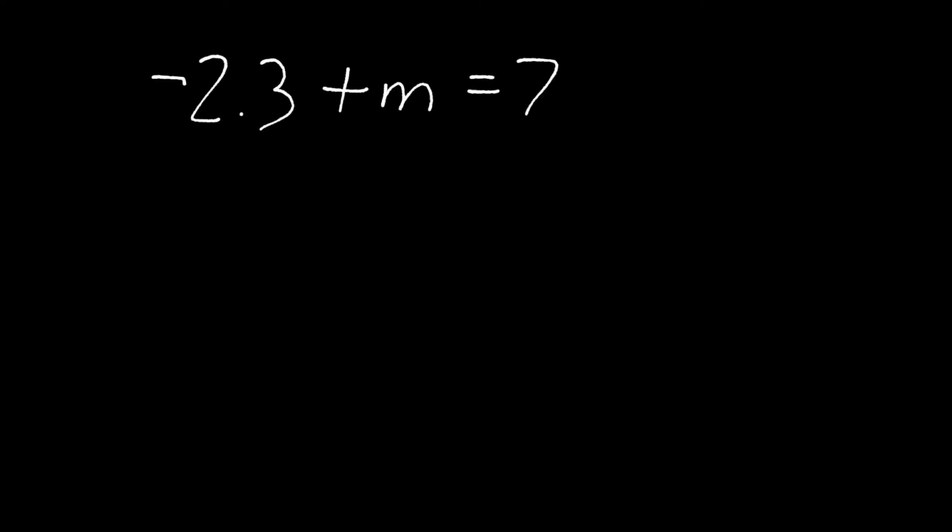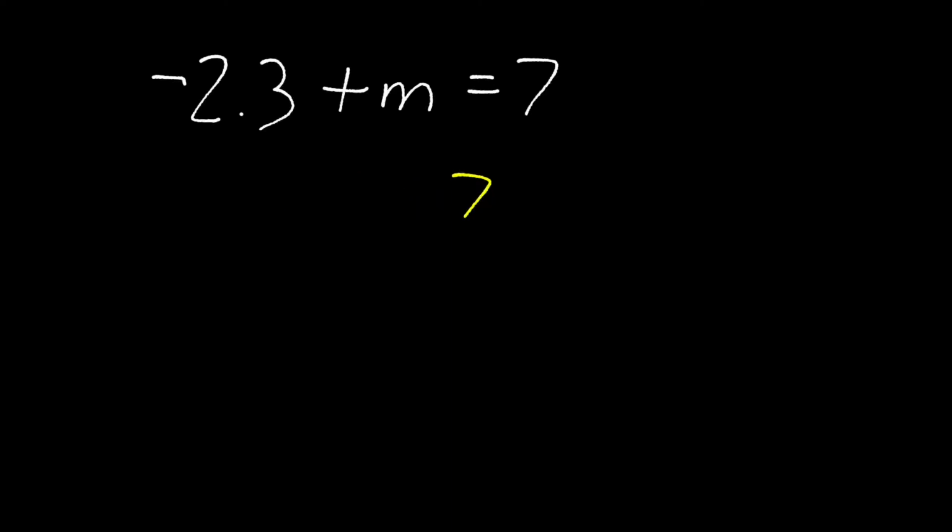We could rewrite this so that we then have m minus 2 3/10 equals 7. So we could rearrange it, making sure to keep the signs on the numbers. M was positive, so it stays positive. 2 3/10 was negative, so we are subtracting 2 3/10. Or the other way is to still remember our goal is to get m all by itself.